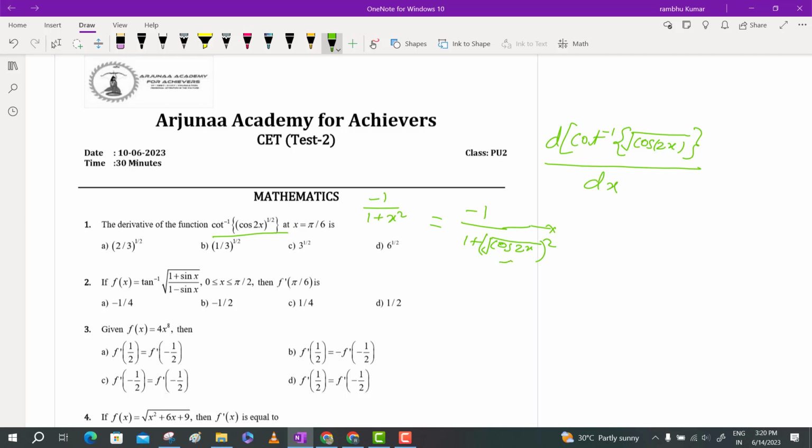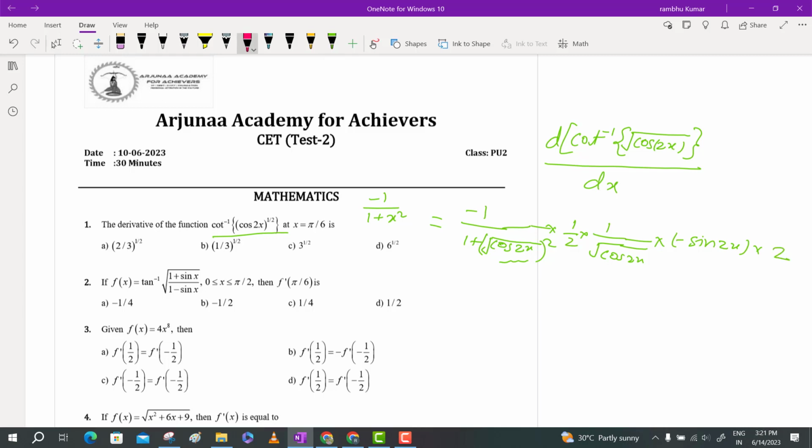The differentiation of root cos 2x is 1 by 2 into 1 by root under cos 2x, and then into, differentiate cos 2x with respect to 2x, which is minus sine 2x, and now differentiate 2x with respect to x, which is 2.